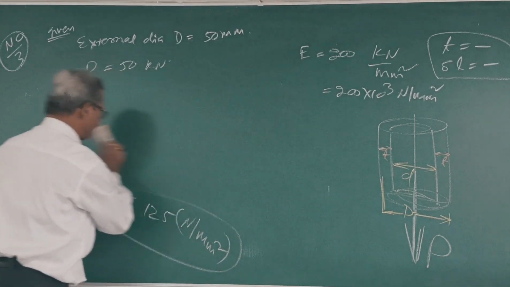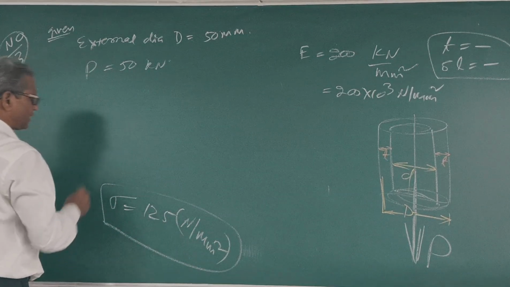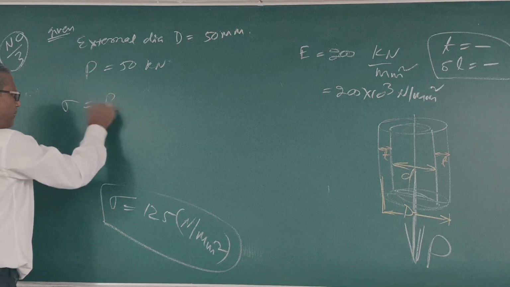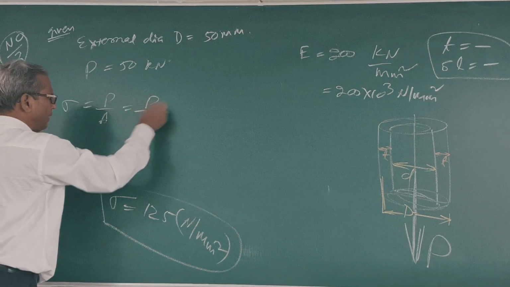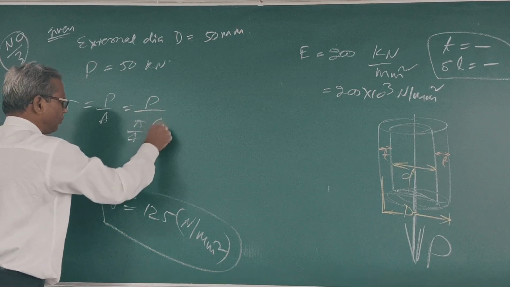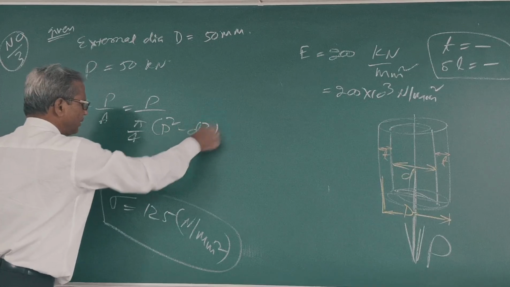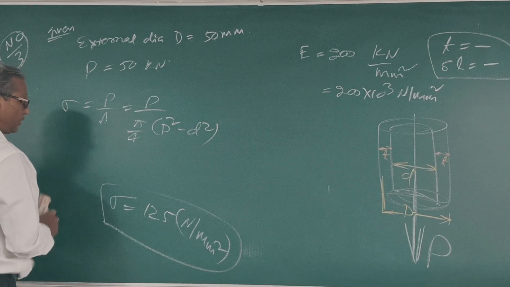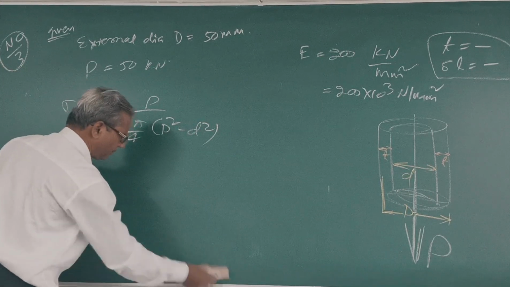Now stress sigma is equal to P by A. So pi by 4 into capital D square minus small d square. What is sigma? 125.